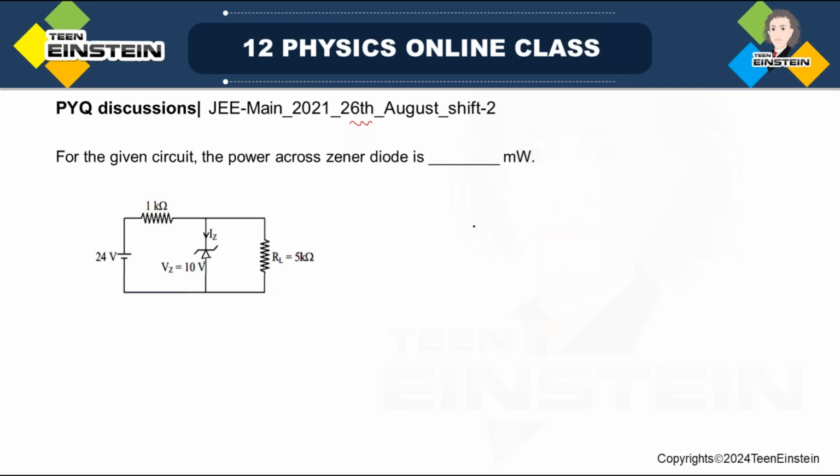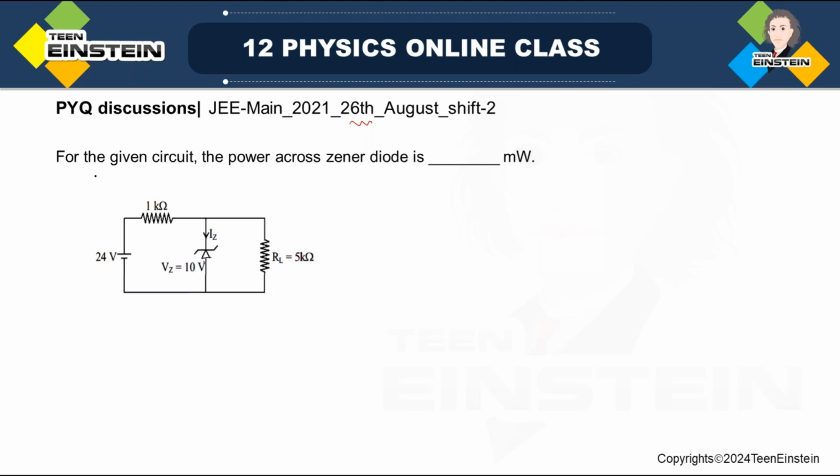That means at the breakdown region there will be a rapid change in the current, but the voltage across the Zener diode will not change. That's how the voltage across the Zener diode, which is exactly equal to the voltage across RL, the load resistor, can be used as the stabilized voltage input. All right, so look at this question.